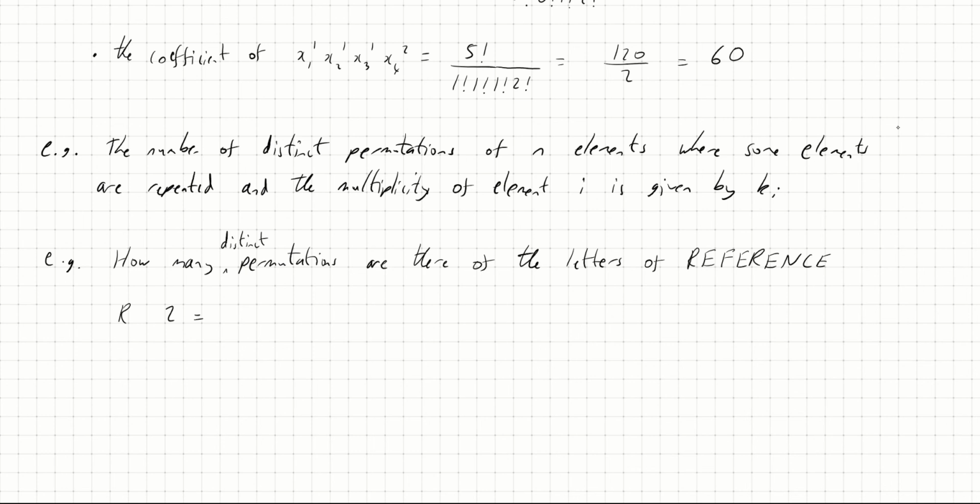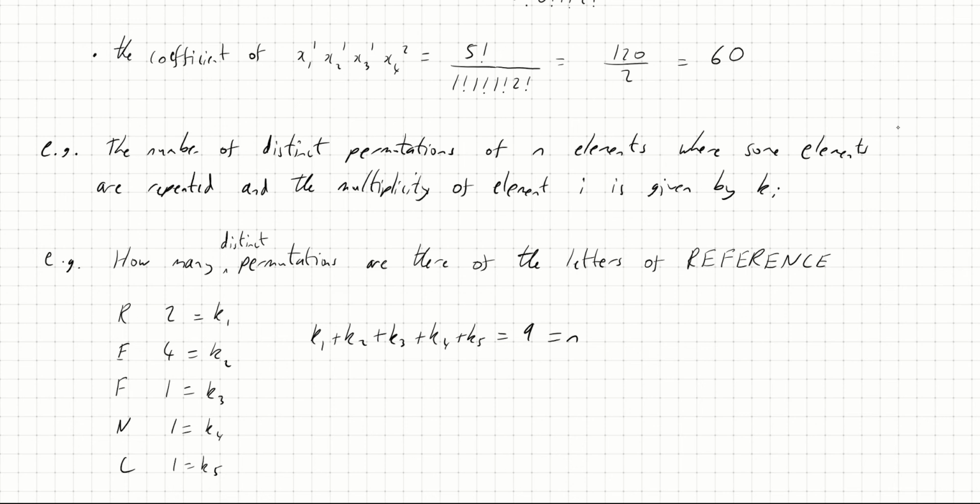So that's going to be my k1 equal to 2. Let's look at the E's. We have 4 E's. So my k2 is equal to 4. F, we have 1 F. So k3 is going to be 1. And we have 1 N. And we also have 1 C. And notice that k1 plus k2 plus k3 plus k4 plus k5 is equal to 9. This is n, the total number of letters.